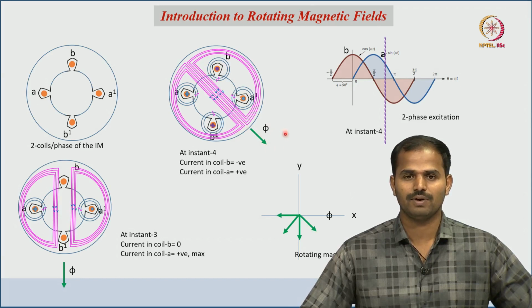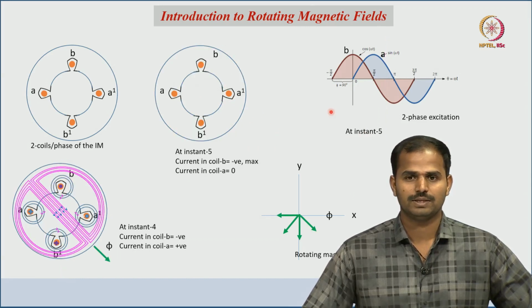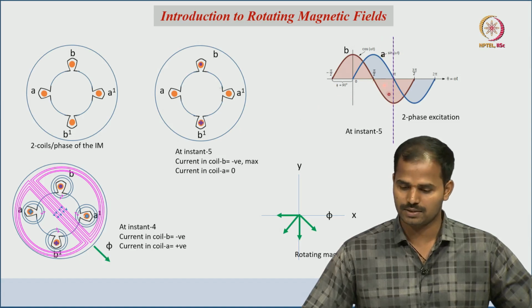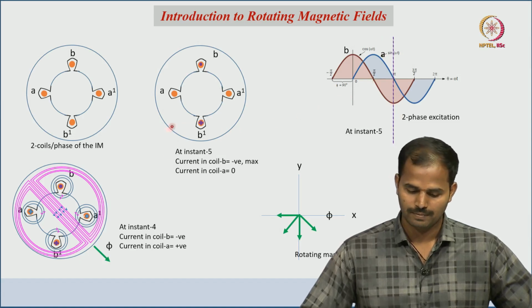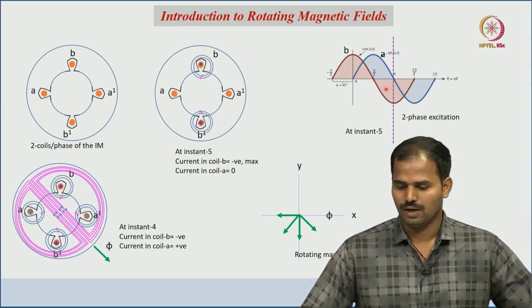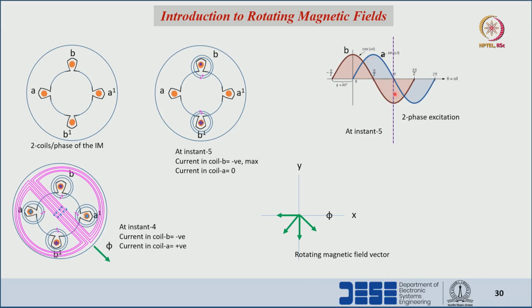This is the resultant flux vector direction. Similarly, at the 180 degree instant, only B dash is getting the current, and in the A dash coil there is no current. The resultant flux vector direction is in this manner, and we can see that in the xy plot.